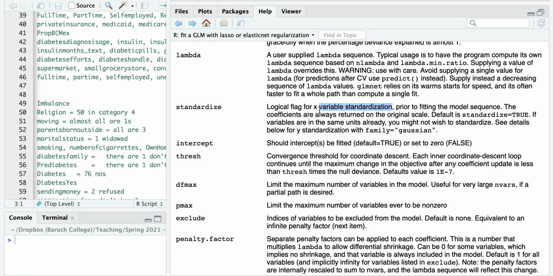So inside the function, before it fits the regularized regression, it will standardize, fit it, and then return the coefficients on the original scale. So we do not need to worry about standardizing because that's done inside R.